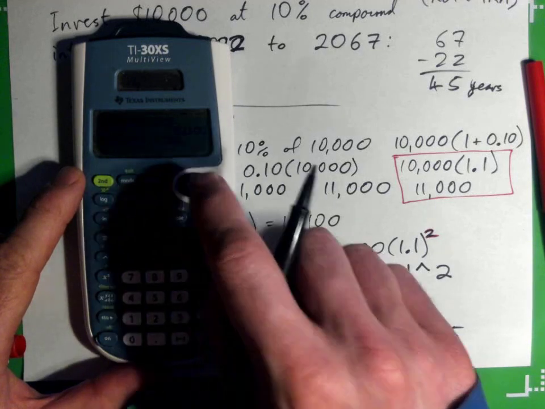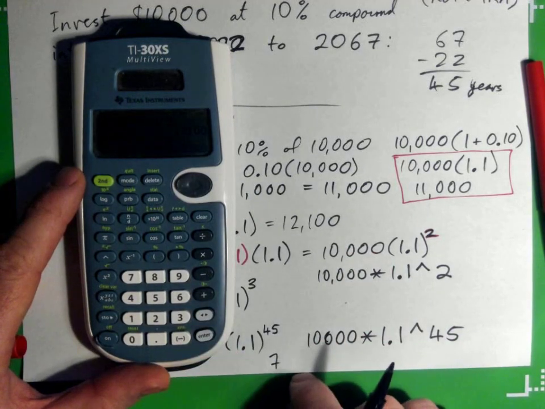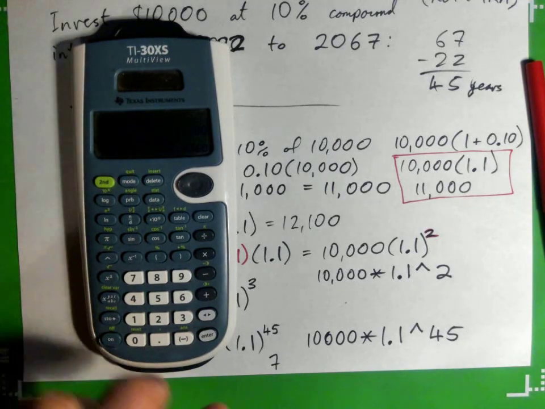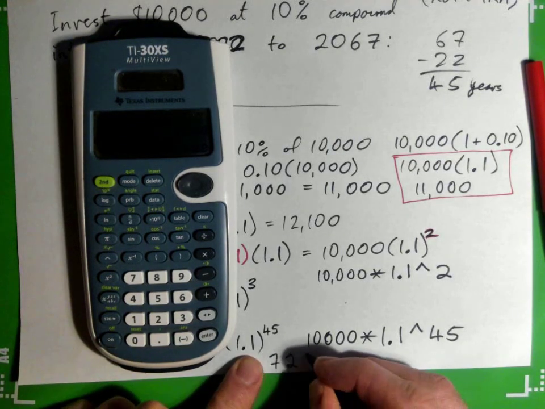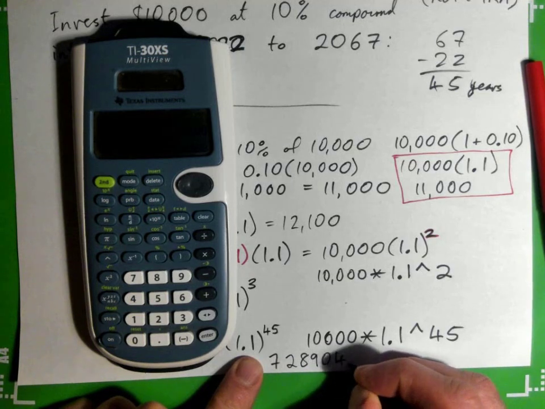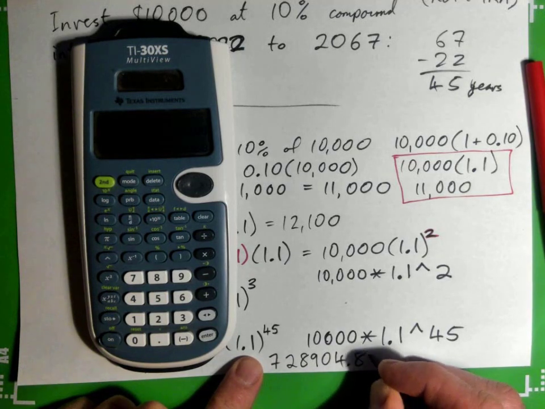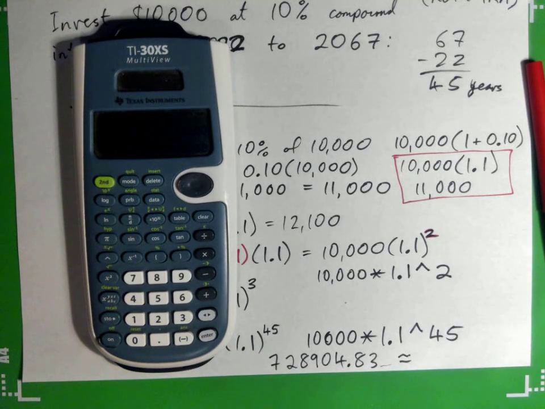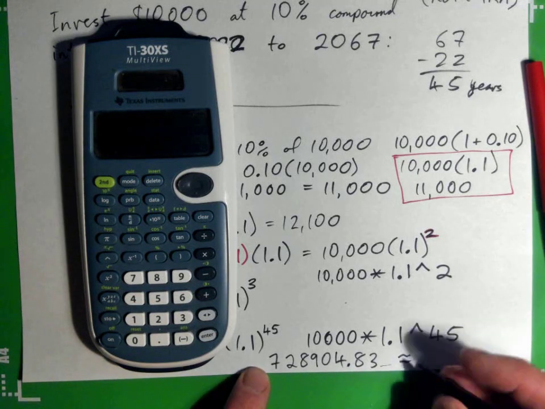If you have the money. 728,904.83, yada yada yada, which rounds to the nearest, we should round this to the nearest what? $100,000. That's a good idea. What's that to the nearest $100,000?